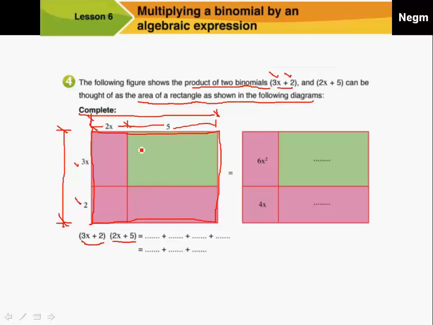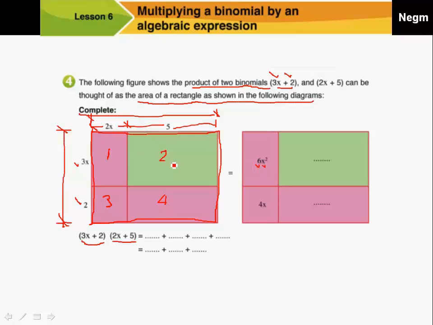What is the area of this rectangle composed of 1, 2, 3, 4 regions? The area of region 1 is 3x multiplied by 2x, which gives 3 times 2 is 6, x times x is x squared.